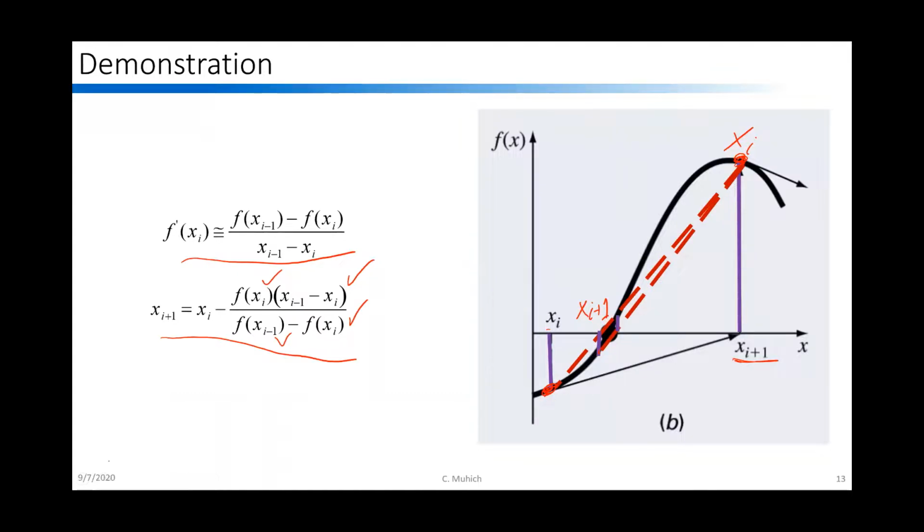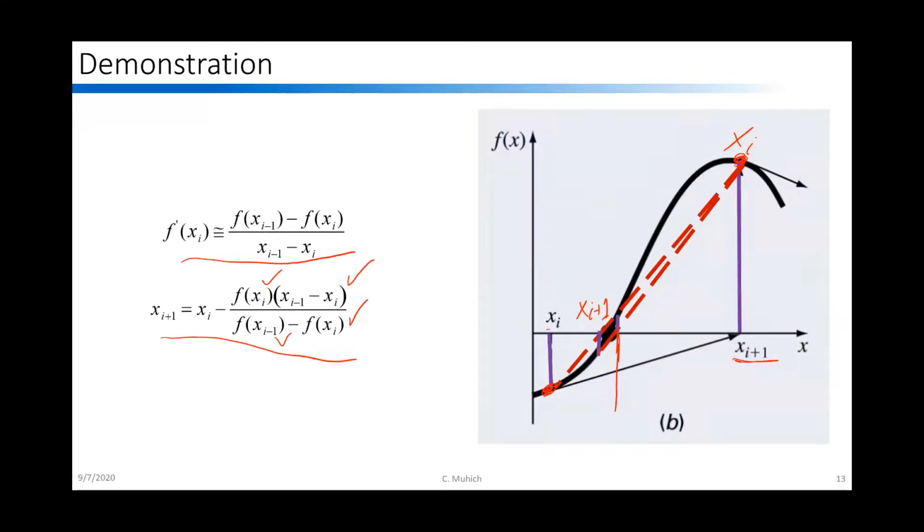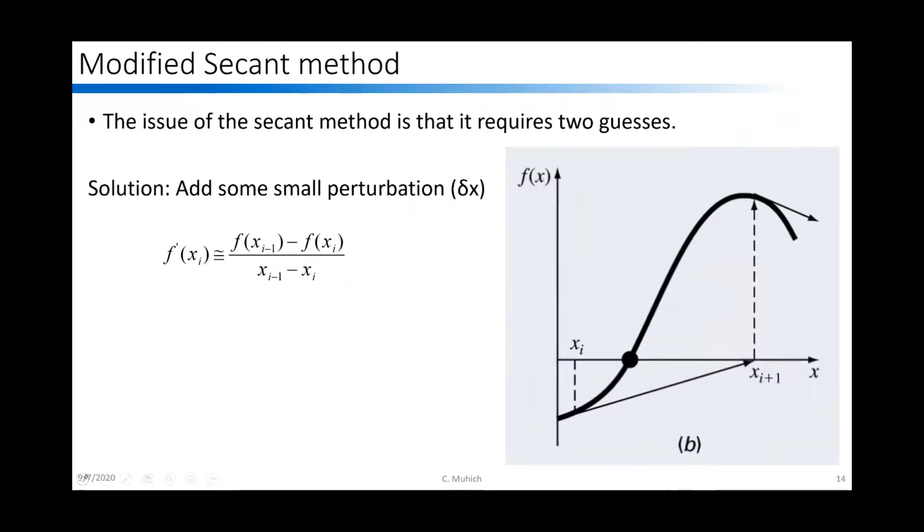That will mark us roughly here on this graph. And then with that next solution, I'm more or less on the root. The secant method is very good once we have two guesses, but we still require those two guesses. So we would have to input into our equation what we want our guess to be.